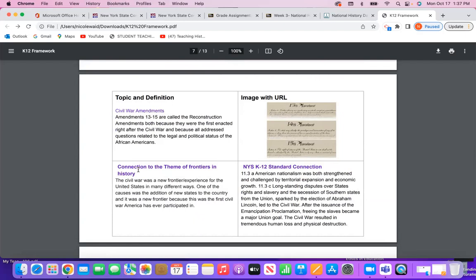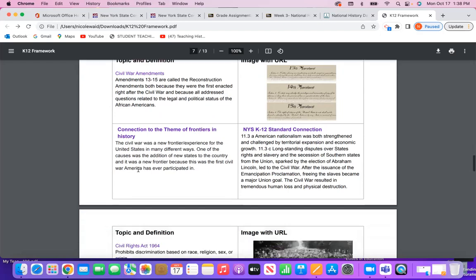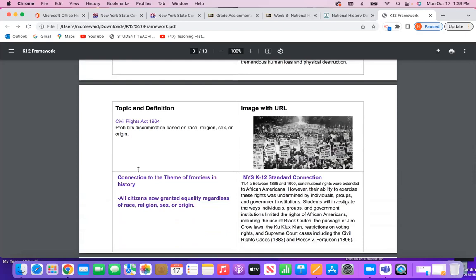Then sometimes frontiers are, like I said, ideas and are giving people new opportunities they never had before. It's appropriate for the Civil War amendments, which are in 11.3 in the social studies standards. Moving on to the 20th century, we have the Civil Rights Act of 1964.